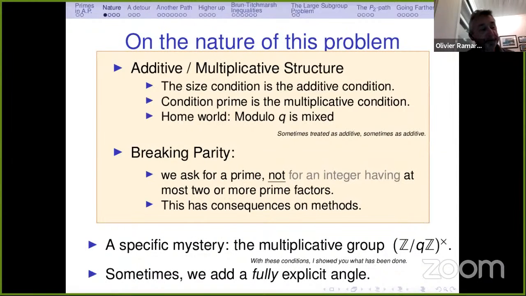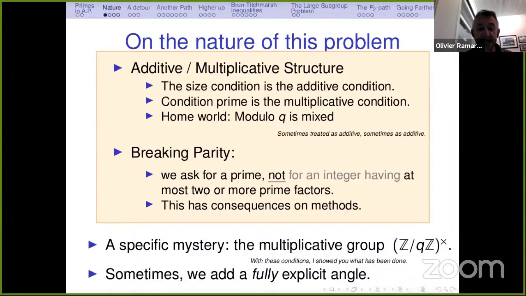Then you may wonder about the condition congruent to A modulo Q. Is it a multiplicative? Is it an additive condition? You'll see the way it is treated. Sometimes it is treated as an additive condition, and sometimes it is treated as a multiplicative condition. Yeah, it depends.